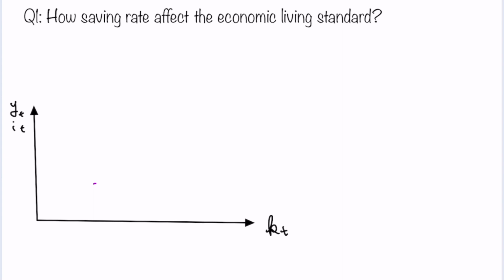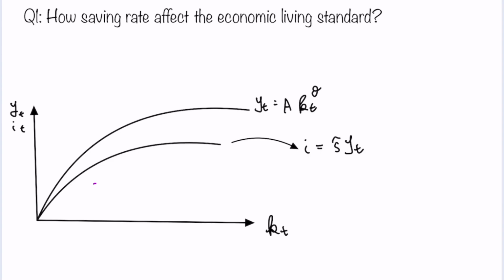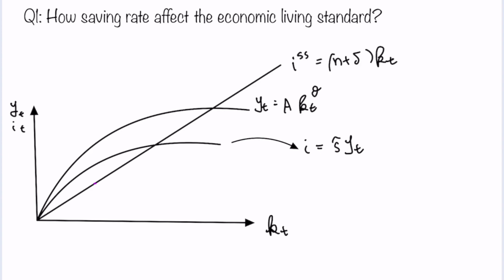So the first line we draw on the Solow diagram is the production function. It tells us how the output is related to the capital stock. The second line we draw on the Solow diagram is the savings. Because in equilibrium the investment equals the savings, this curve represents the actual size of the investment. The last line we draw on the Solow diagram is the steady state condition.